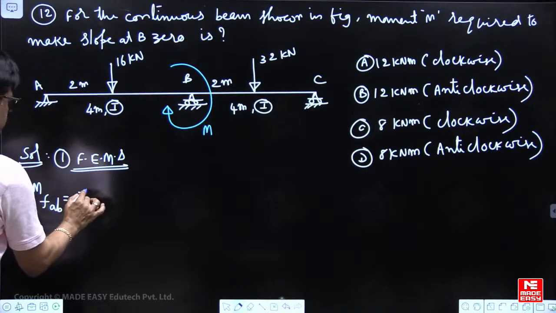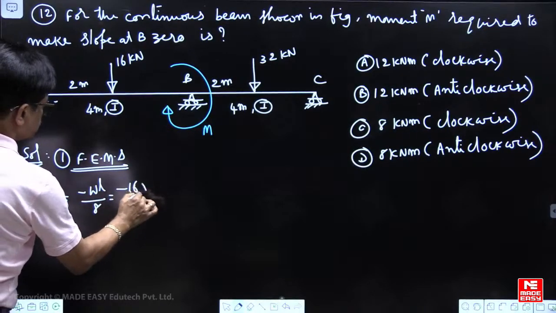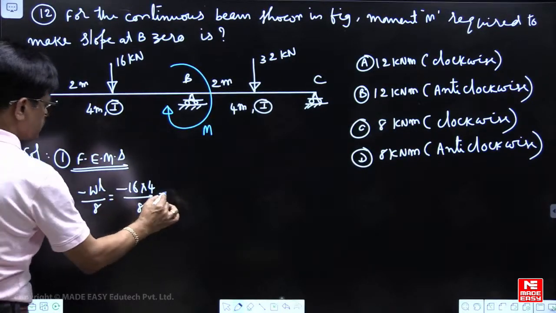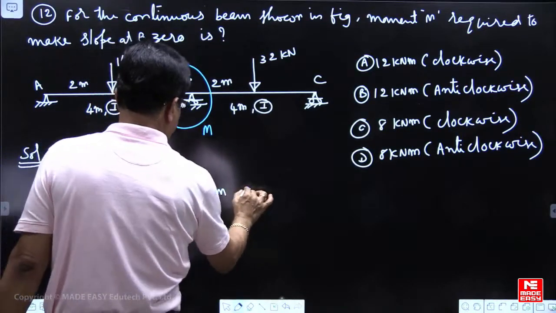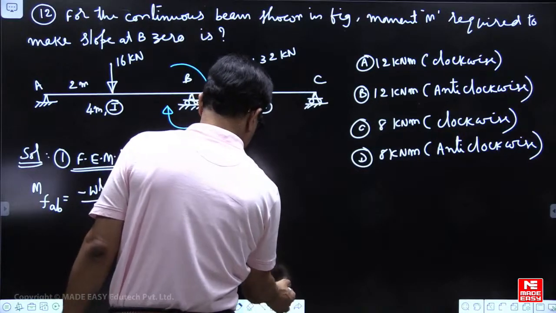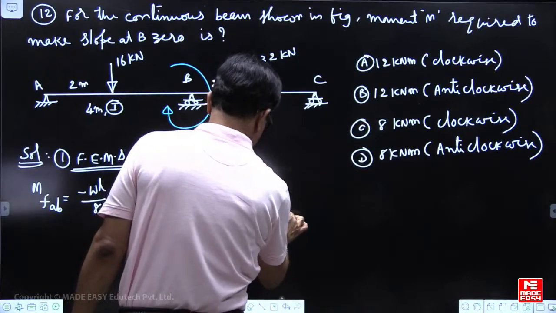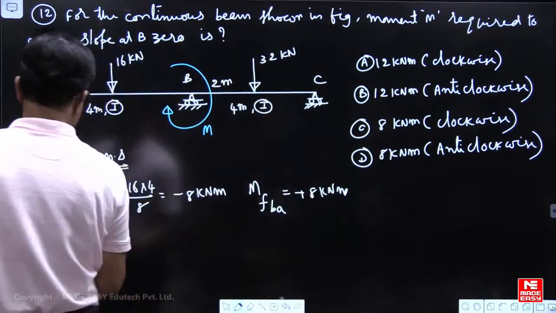MFAB minus WL by 8. MFBA plus 8 kilonewton meters.